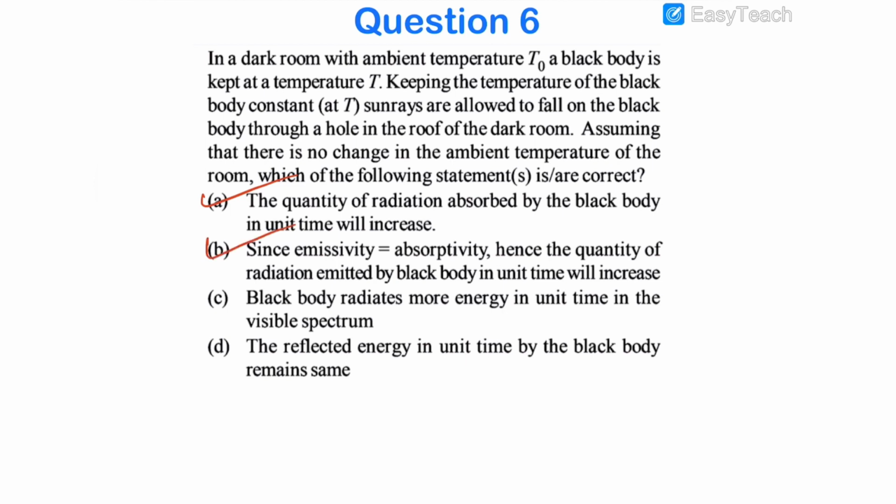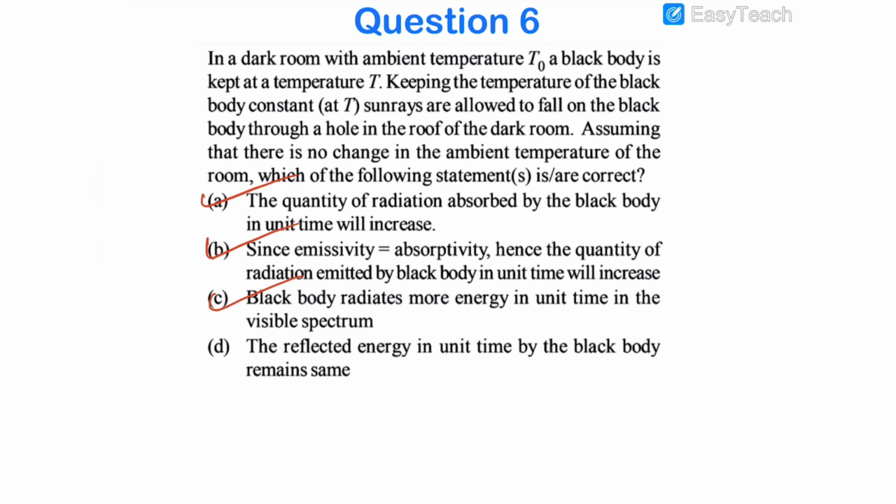This is also correct. And the black body radiates more energy in the visible spectrum. See, the additional energy absorbed by the black body is due to the sunlight, and obviously it is in the visible spectrum. Therefore the black body will radiate visible spectrum radiation, and hence C is also correct.